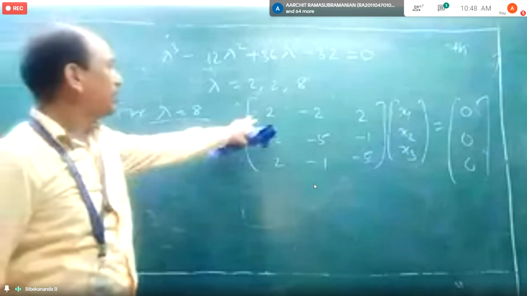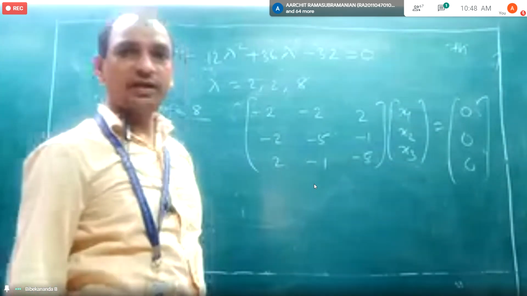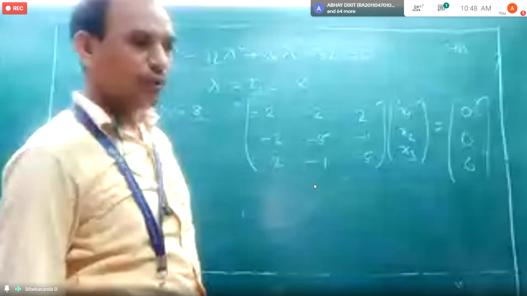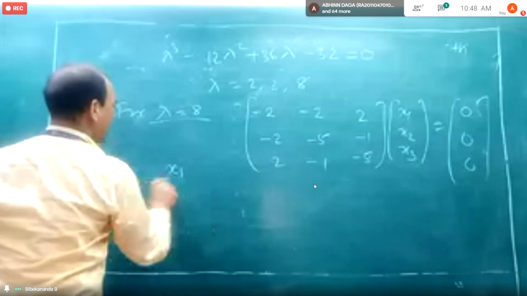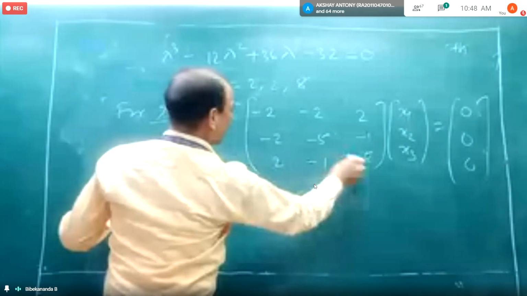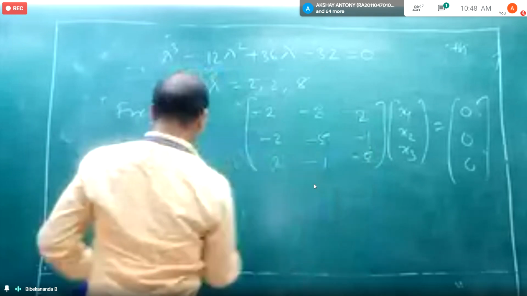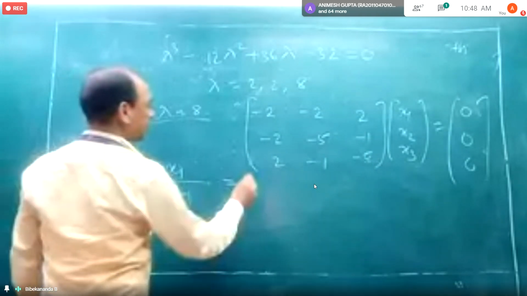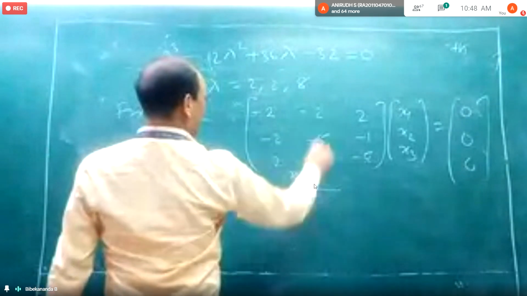Now, none of the rows are identical. So you can use the Cramer's rule. What is the Cramer's rule? For this position, x1 divided by minus into minus plus, so 25, and this is minus into minus plus minus 1, is equal to minus x2 divided by this position, this column, this row.